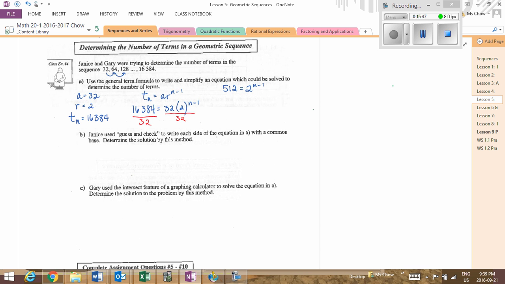So we actually haven't seen any equations to solve quite like this just yet. So Janice is using guess and check to write each side of the equation with a common base. And so if we are Janice, we're probably going through our powers of 2.